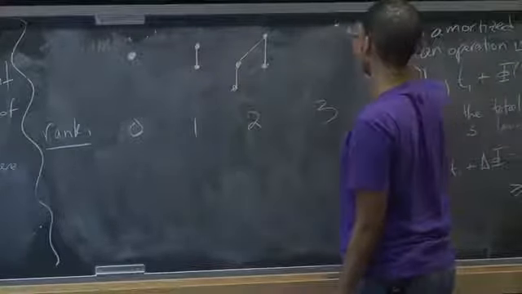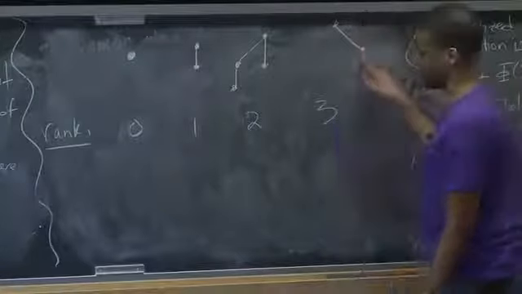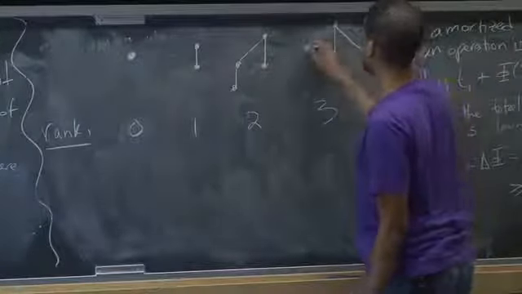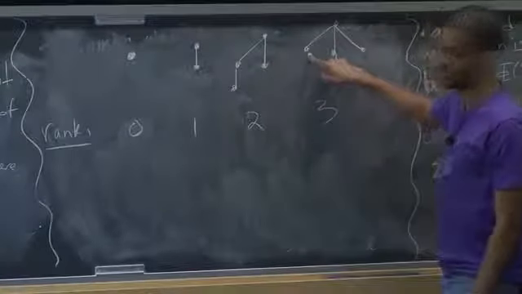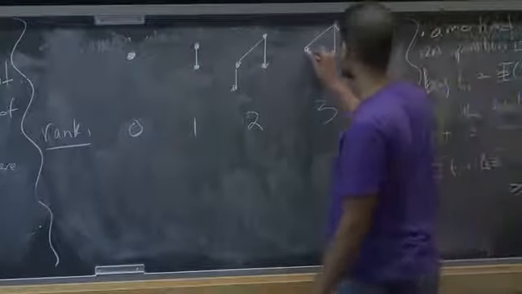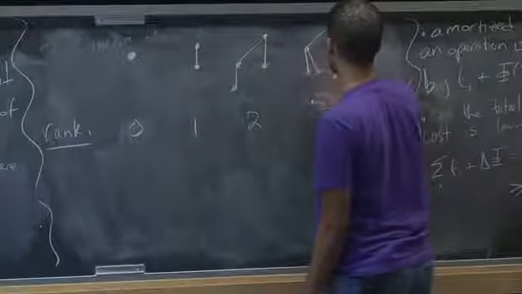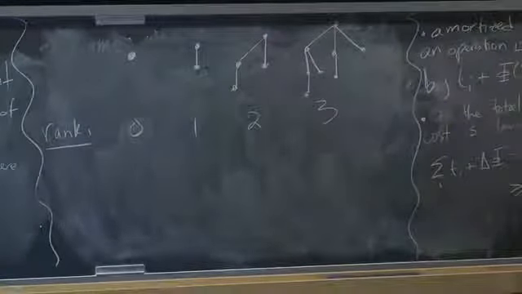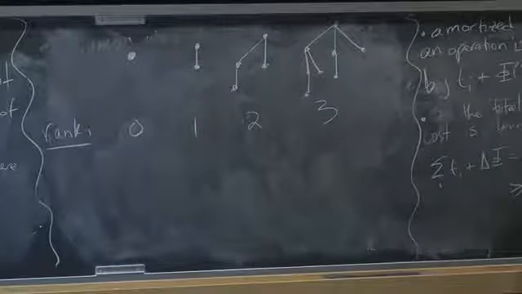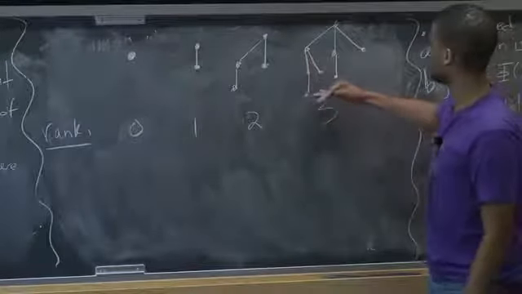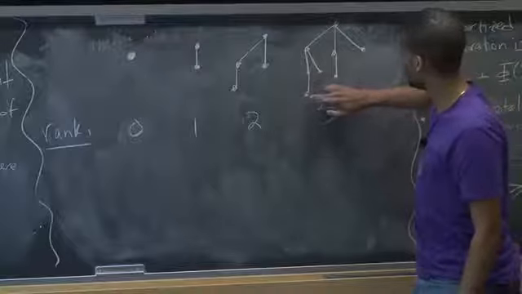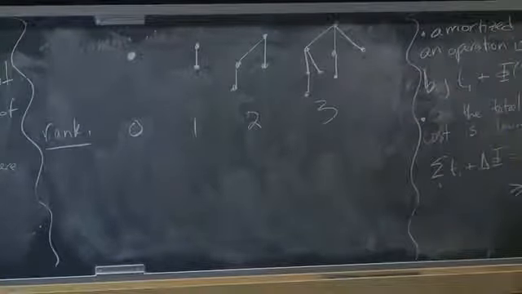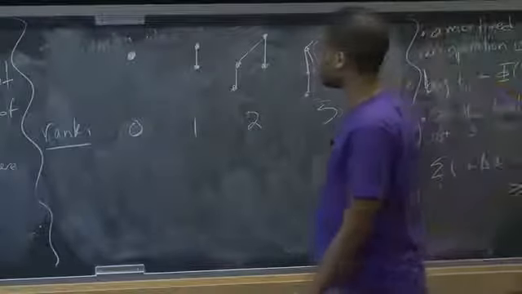And a rank 3 looks like this. That's a rank 0 child, that's a rank 1 child, and this is a rank 2 child, which means it has a rank 0 child and a rank 1 child. Remember, as you go from any node to its parent, the numbers should decrease.